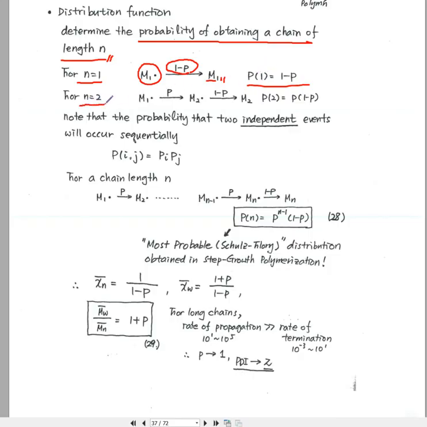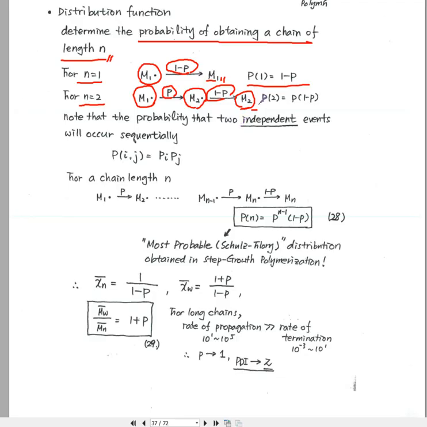Similarly, if you want to obtain a polymer chain of length 2, then at first this free radical should propagate once, basically react with another monomer, then just die, right? By doing that, we can obtain a polymer chain of length 2.